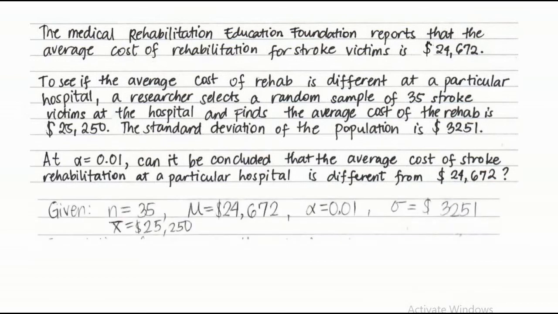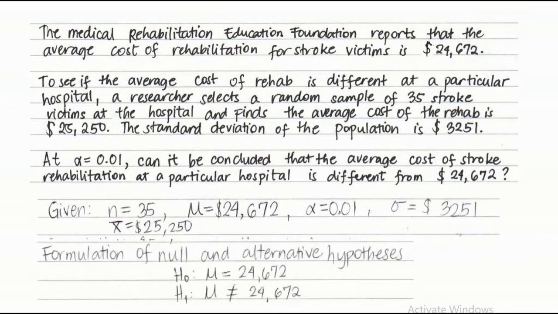Given n is equal to 35, mu or the population mean is 24,672. Alpha or level of significance is 0.01. Population standard deviation is 3,251. X bar or sample mean is 25,250. Formulation of null and alternative hypothesis.